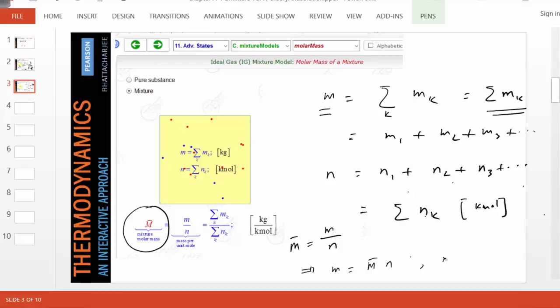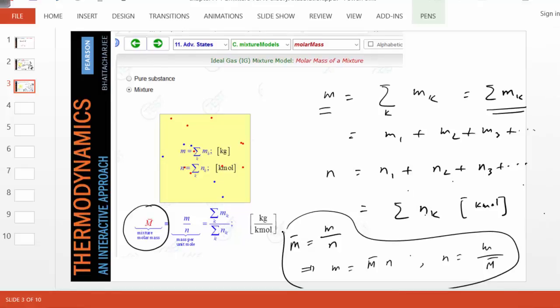So we can write the different formulas like this. And this is true for a mixture, and this is true for a component. For a component, we are simply going to add the subscript k, as you can see, and you can quickly see that it totally makes sense.